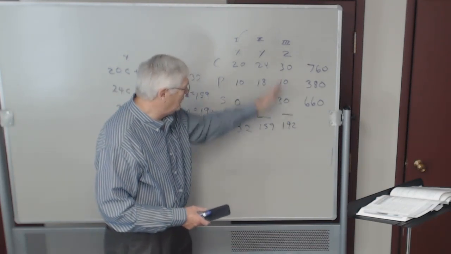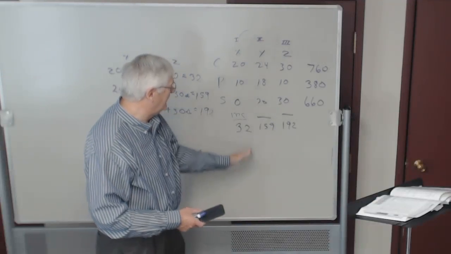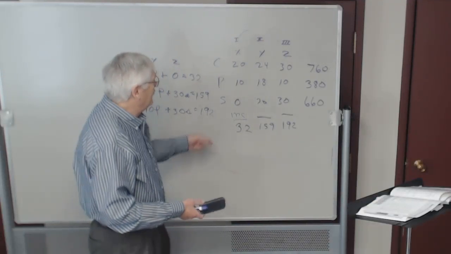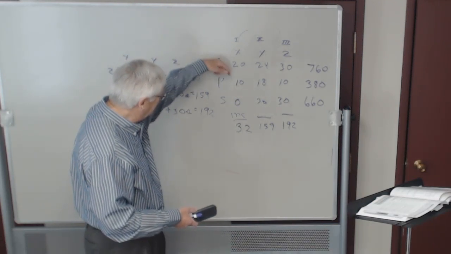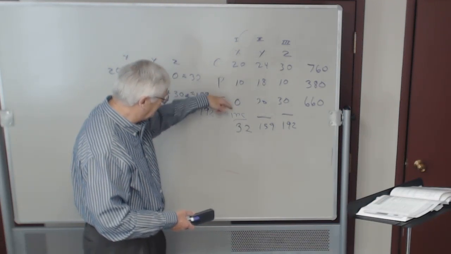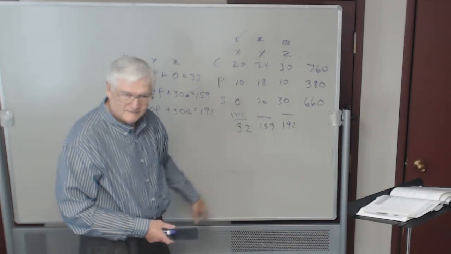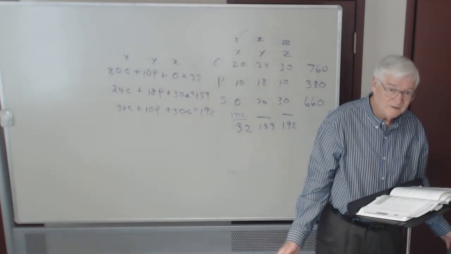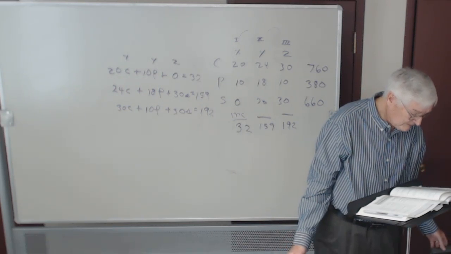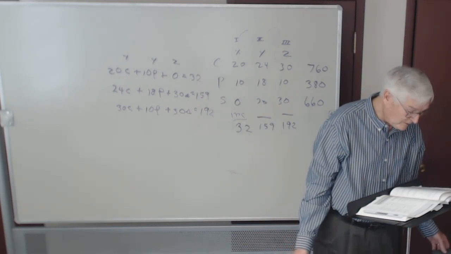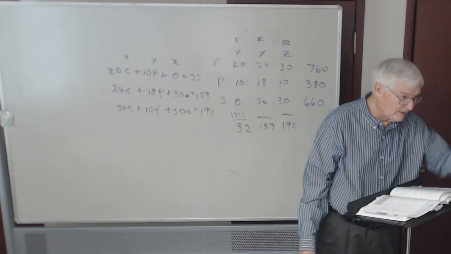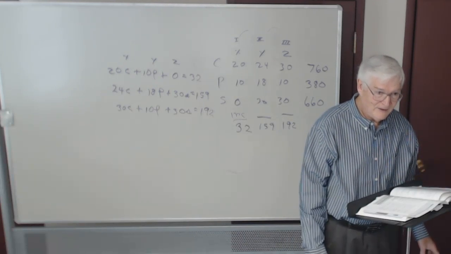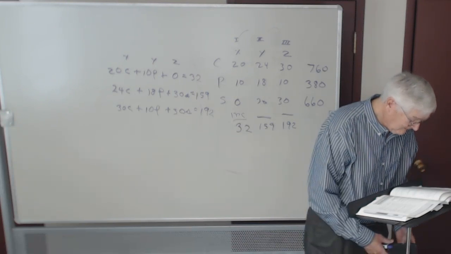So you put those totals down at the bottom of where they all add up, and then you say, okay, so now my equation is going to go 20C plus 10P plus 0S equals 32. There's no reason to do any more than that, because now you're just going to plug it into the calculator and it'll give you the answer.